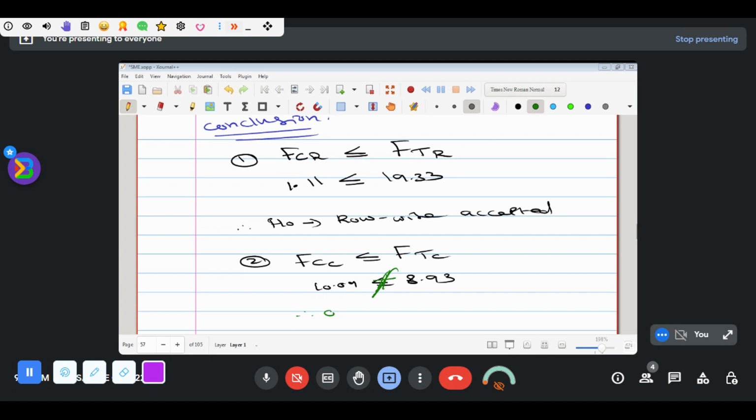Therefore, our H naught is rejected on column base. This is the conclusion. This is the calculation part also. Okay, any doubt regarding this problem? Two-way calculation.